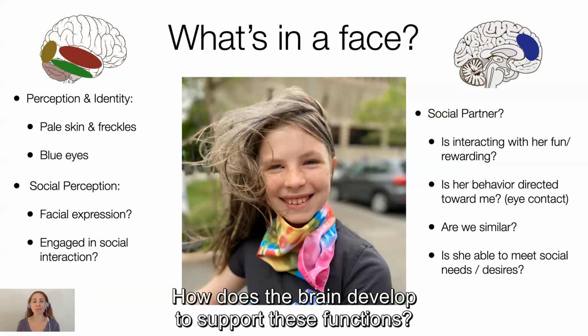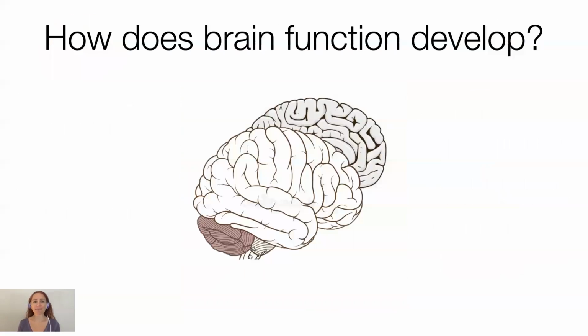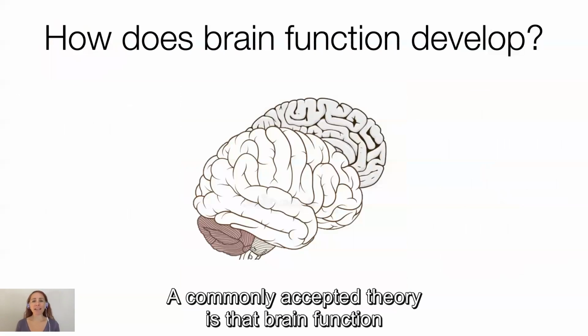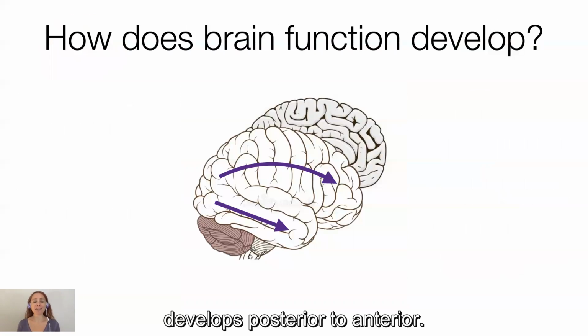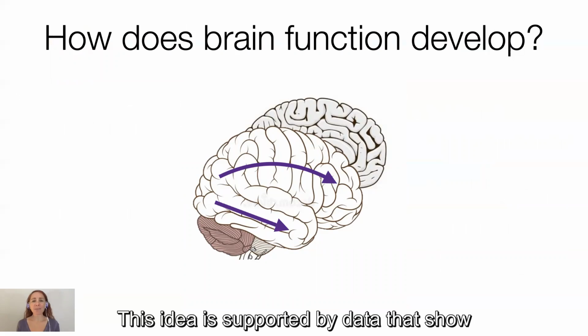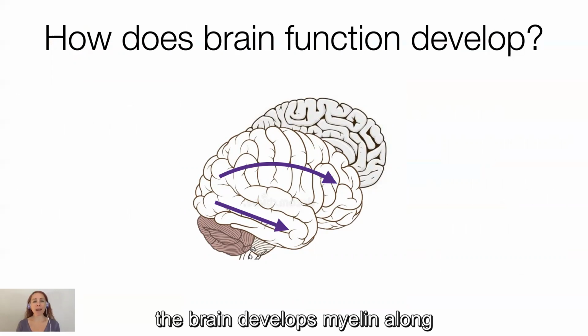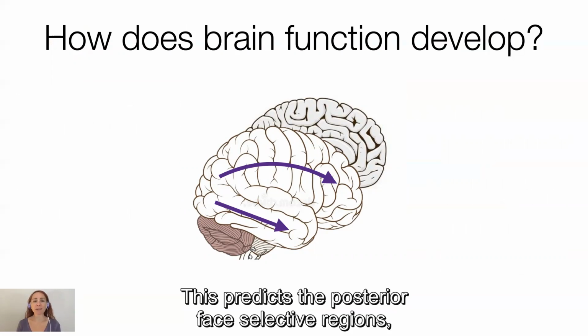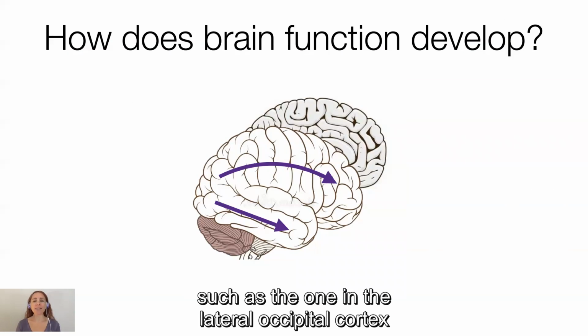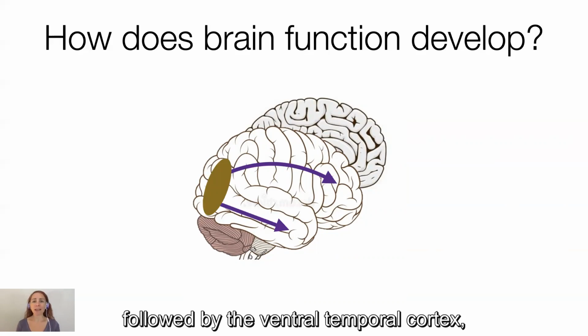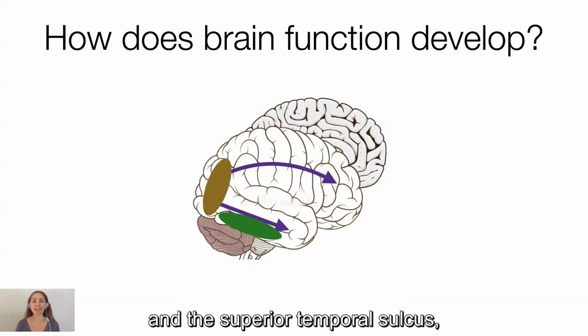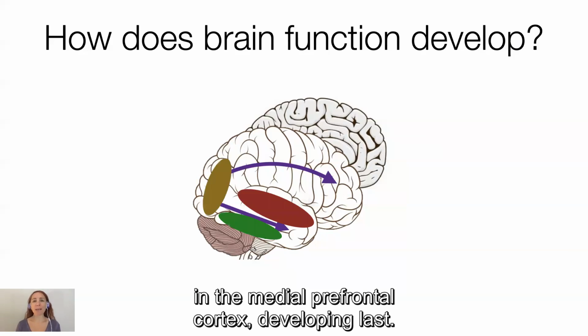How does the brain develop to support these functions? A commonly accepted theory is that brain function develops posterior to anterior. This idea is supported by data that show the brain develops myelin along the posterior to anterior axis. This predicts that posterior face-selective regions, such as the one in the lateral-occipital cortex, would develop first, followed by the ventral-temporal cortex, then the superior temporal sulcus, with functional specialization in the medial prefrontal cortex developing last.